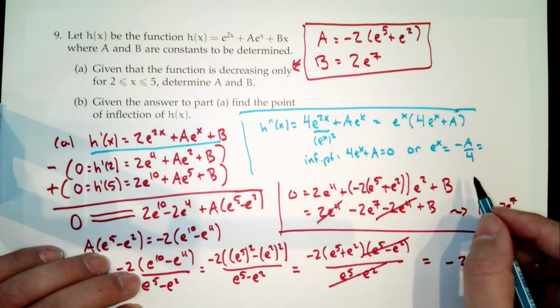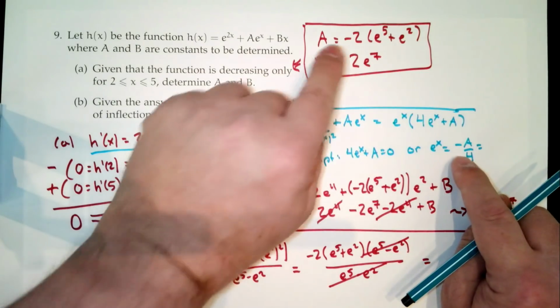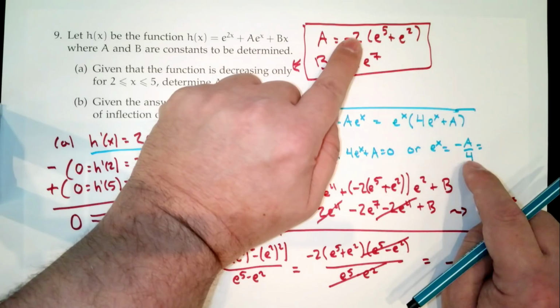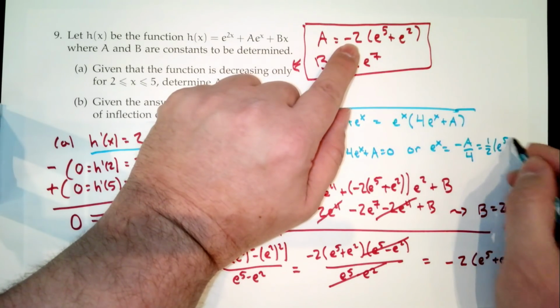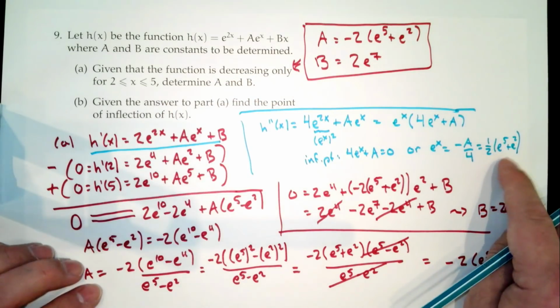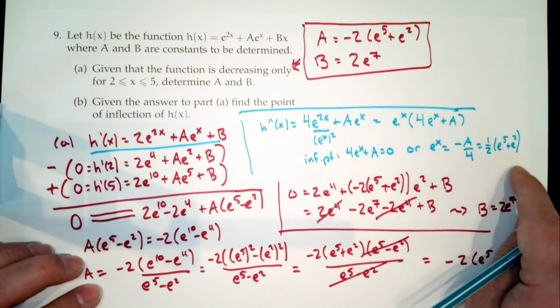Now I happen to know what a is. So I come here, I change the sign, so that's positive, that's a good sign. And then I divide by 4, so that's 1/2 e to the 5th plus e squared. Now, is this my point of inflection? And why is it not? It's e to the x, right.